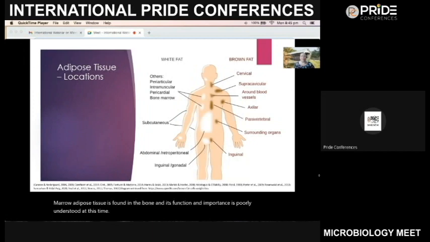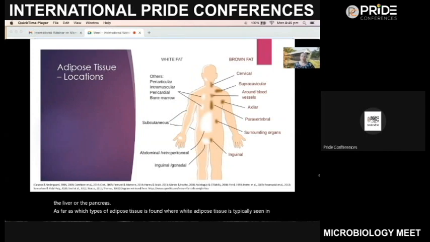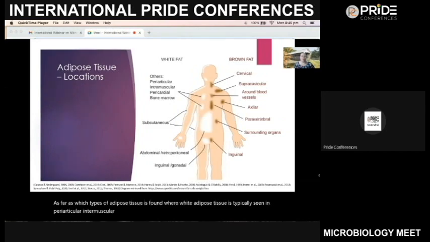Finally, we have ectopic adipose tissue. This is when adipose tissue is stored in other tissue, like the liver or the pancreas. As far as which types of adipose tissue are found where, white adipose tissue is typically seen in periarticular, intramuscular, pericardial, bone marrow, subcutaneous, abdominal or retroperitoneal, and inguinal or gonadal areas.